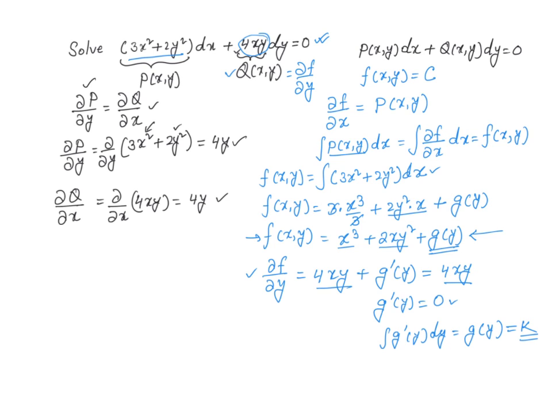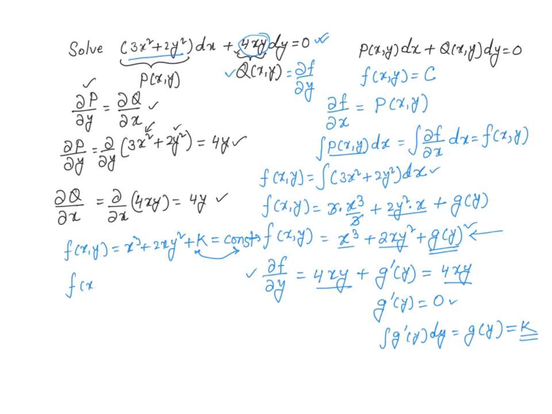Now if I take this value and plug it in, I get f(x, y) is equal to x³ plus 2xy² plus some constant. But technically this is supposed to be equal to another constant, so we can combine these two constants into a single constant.